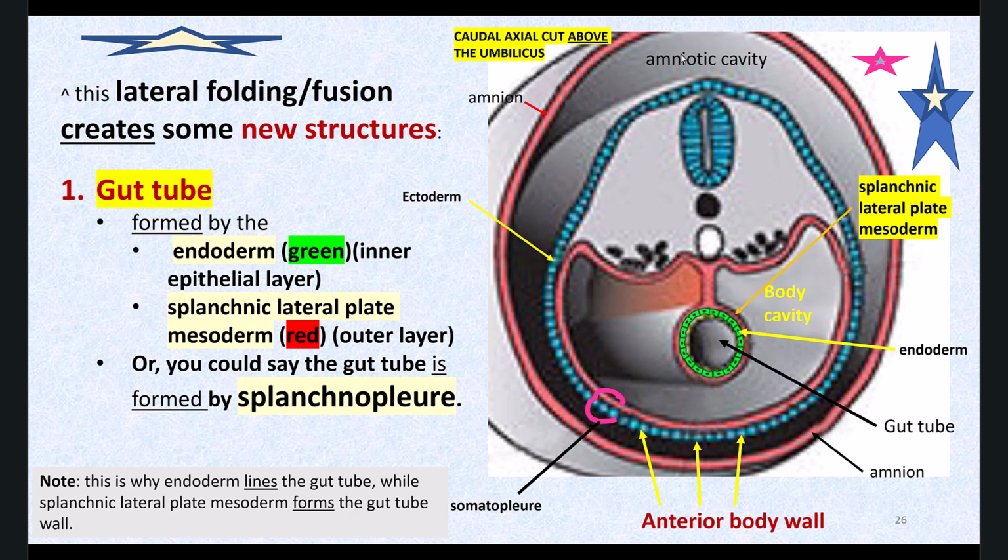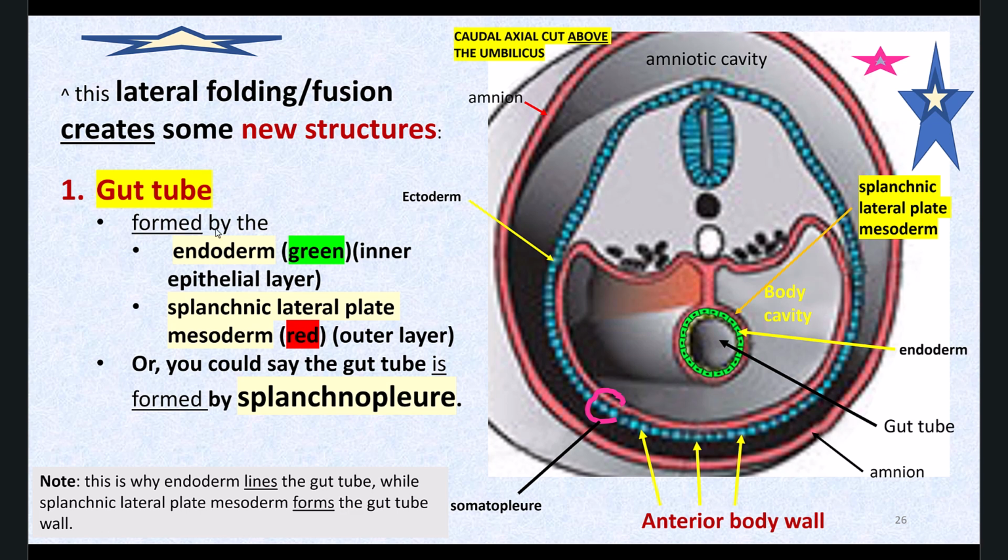But remember, we're going to get rid of this. This is the placenta up here. And so all these fetal membranes will be gone when the baby's born. So we'll just be stuck with the everything blue to inside. Okay. Dorsal aorta there, notochord, neural tube going on there.